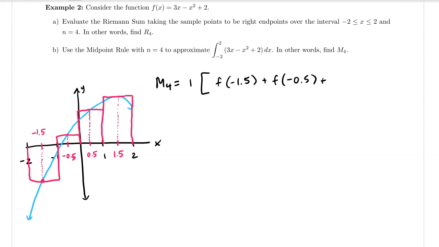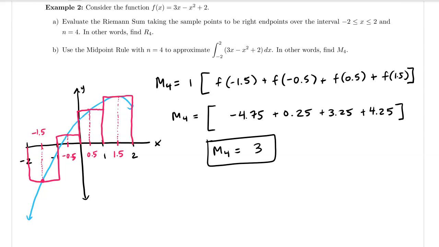And then our next height is f of 0.5. And then finally we have f of 1.5. So I'm going to go ahead and plug those values into our function and see what we get. All right, so I plugged those x values into our function, and I calculated and found that m sub 4 is equal to 3.